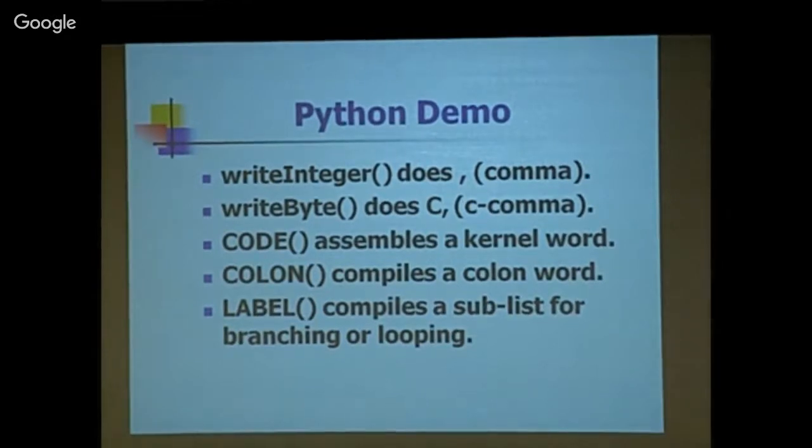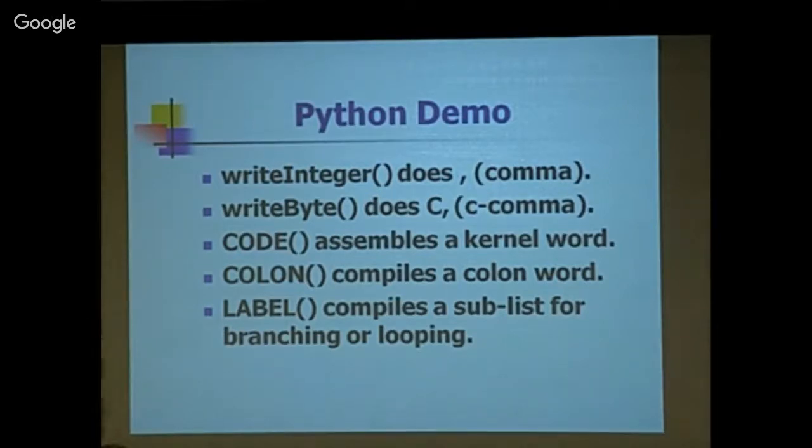And in colon, you do the same thing with the header, but in colon you first write a do list bytecode to start the list, and then you follow with a number of labels. Okay, so all the labels, all the code, colon, and the label, they will return a value, and this value for the colon and code, it returns the CFA.